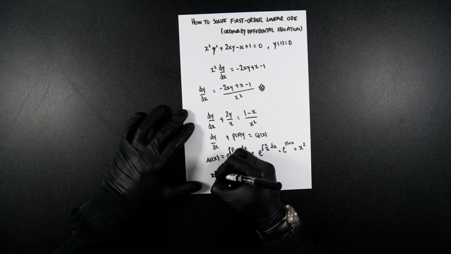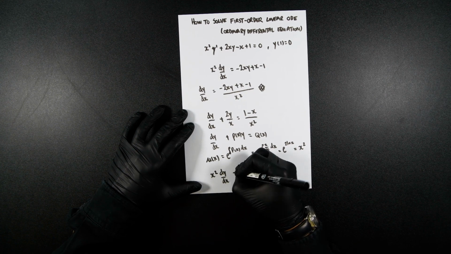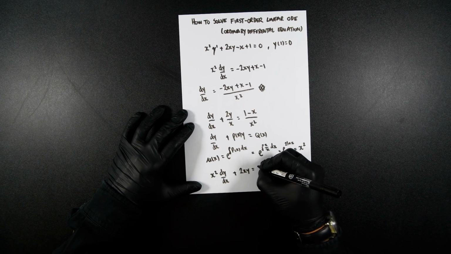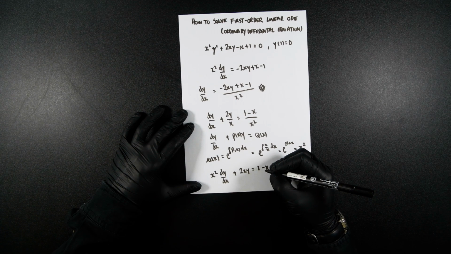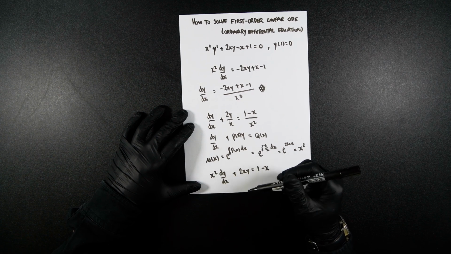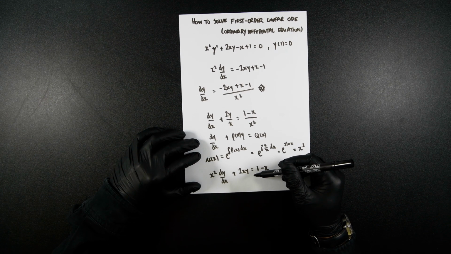You're going to get x squared dy/dx plus 2xy, which equals 1 minus x. So not too dissimilar to what we had in the beginning. However, there are certain factors that have changed to make it positive or negative.